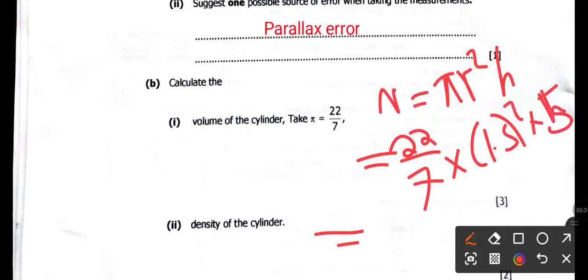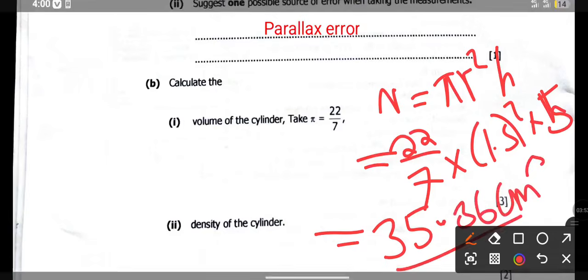If you do your basic calculation there, you get a value of roughly 35.36 centimeter cube.